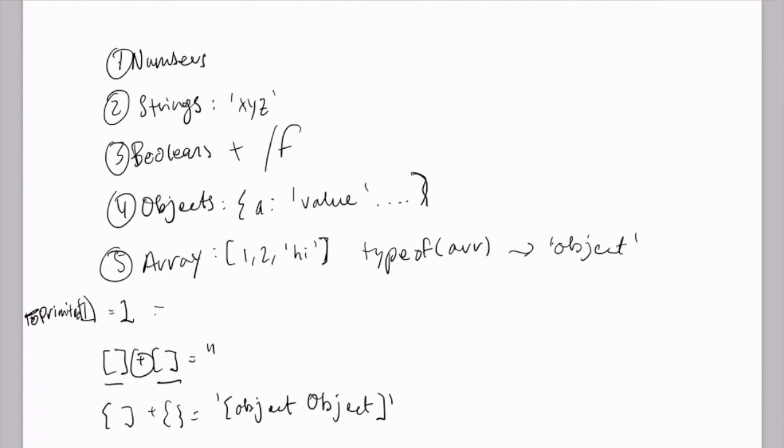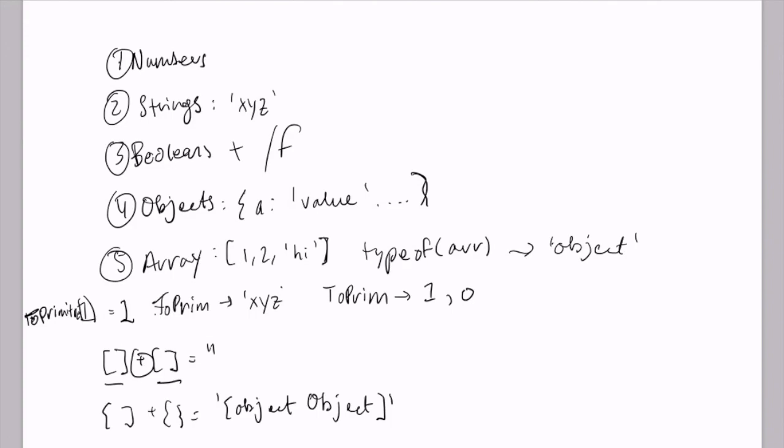If I call toPrimitive on a string, I get the string, whatever it was representing. Like toPrimitive on XYZ, I get XYZ out. toPrimitive on booleans actually outputs a number. If it's true, it's 1. If it's false, it's 0. For objects, it's a bit different.